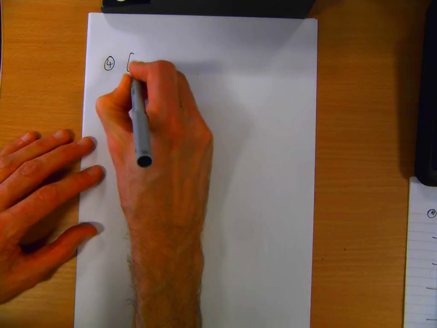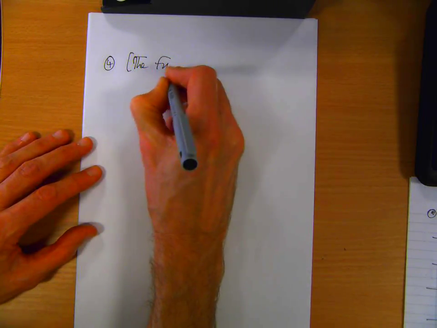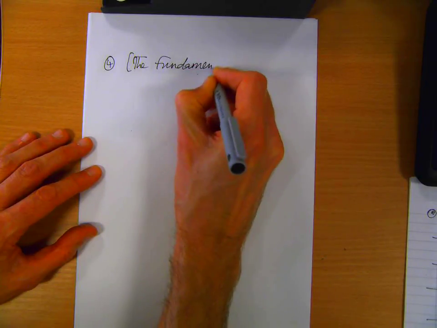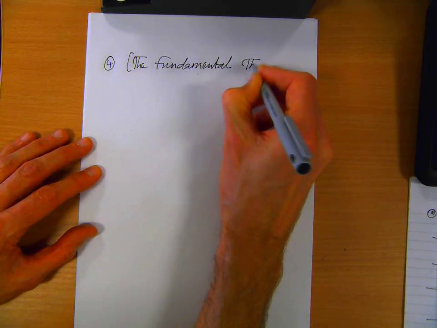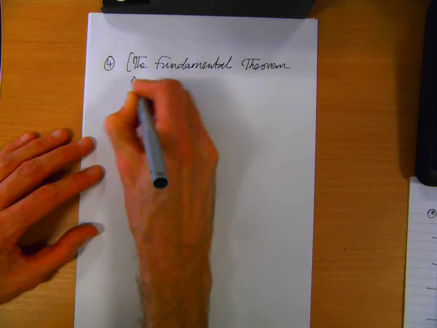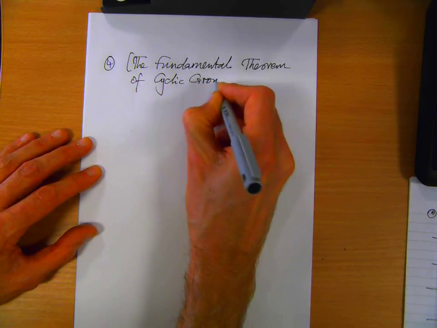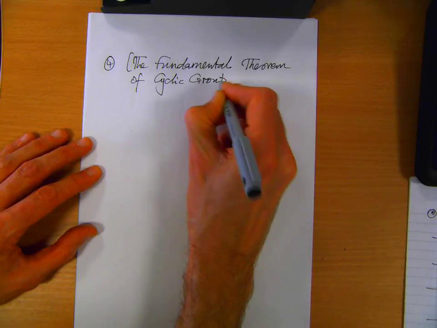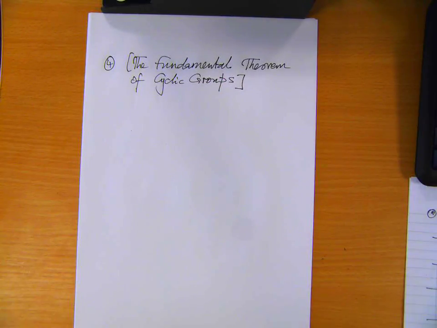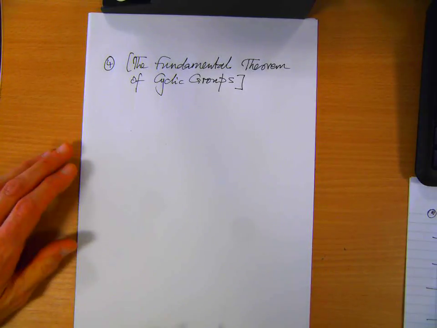This is sometimes called the fundamental theorem, so it's important, of cyclic groups, although really it's a fundamental theorem of subgroups of cyclic groups. So you ought to know this.